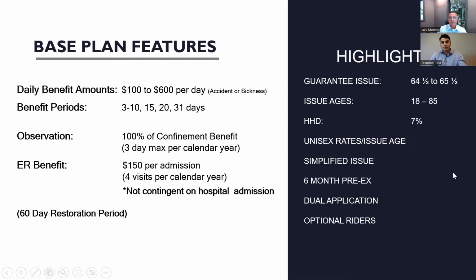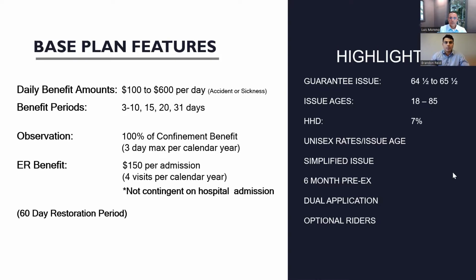So what I want to talk about here is the flexibility of these plans. With Heartland National Life, the company that I work for and that I've been a big part of for about 4 or 5 years now, we have the ability to protect that client from anywhere from $100 to $600 a day in the hospital. If they have a $175 copay, we can protect them at $150 or $200 a day.